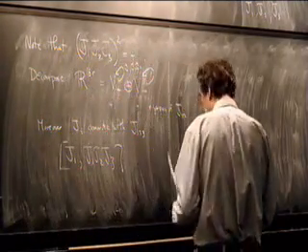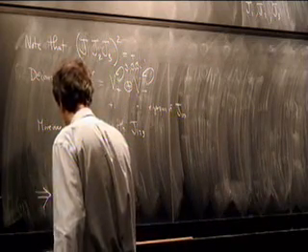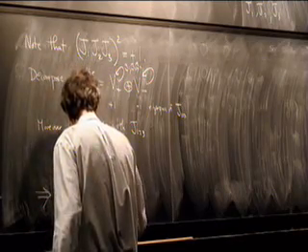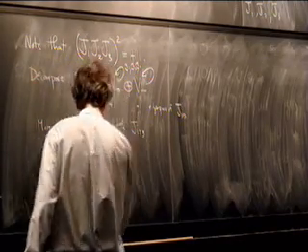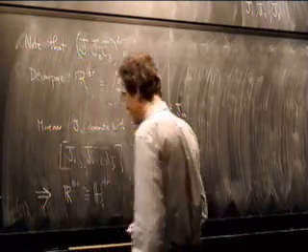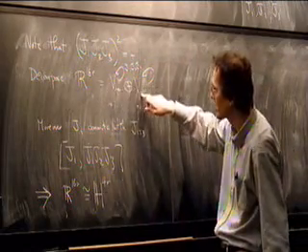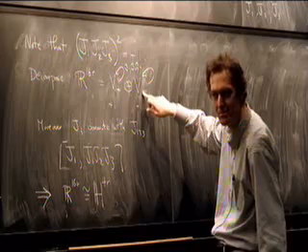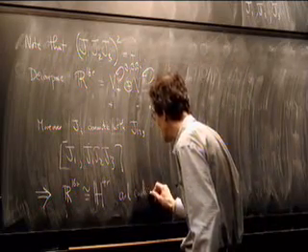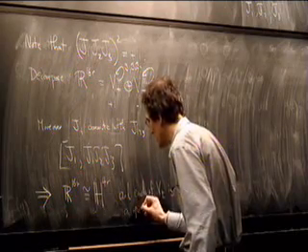Okay, so that implies that R16r has a quaternionic structure. It's isomorphic to H to the r. And each of these subspaces, V plus and V minus, is a quaternionic vector space.